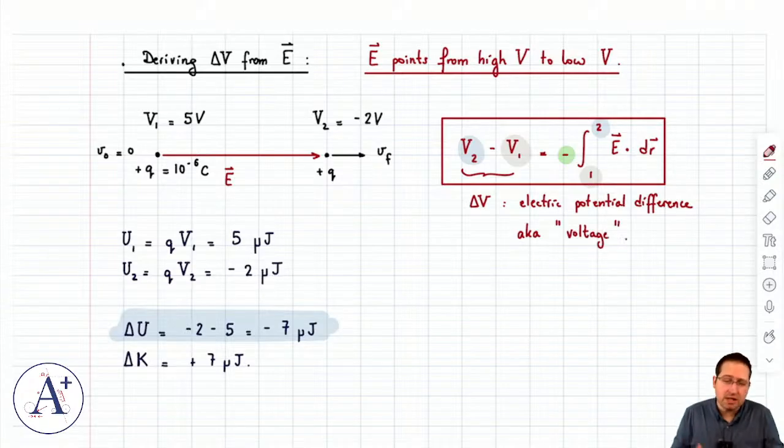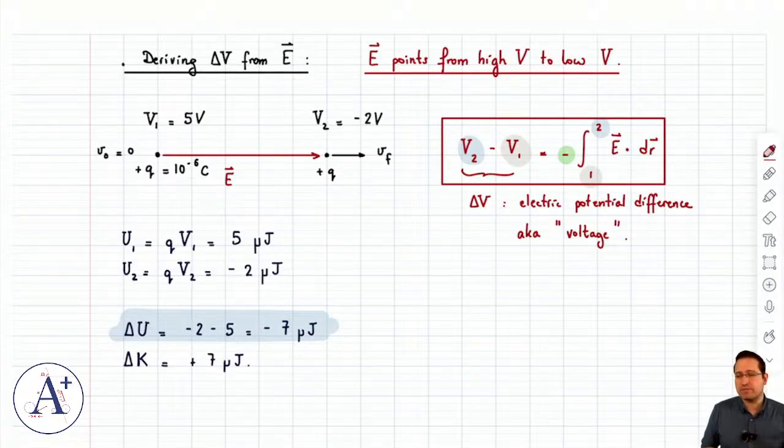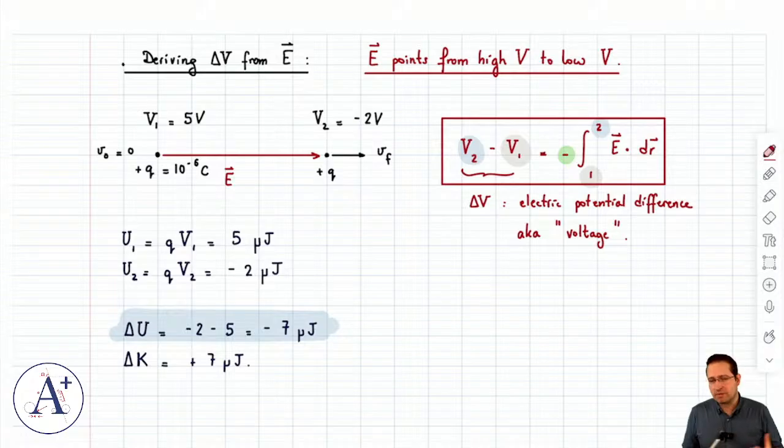But if you want to be picky, a voltage should be a difference between two values of V. Except sometimes instead of voltage, we just call it potential. So it's a little loosey-goosey in terms of the nomenclature. You'll get used to it. I'm sometimes guilty of it because I'll just say potential instead of electric potential difference. But the point is, delta V is a voltage, which is a difference in two values of V.